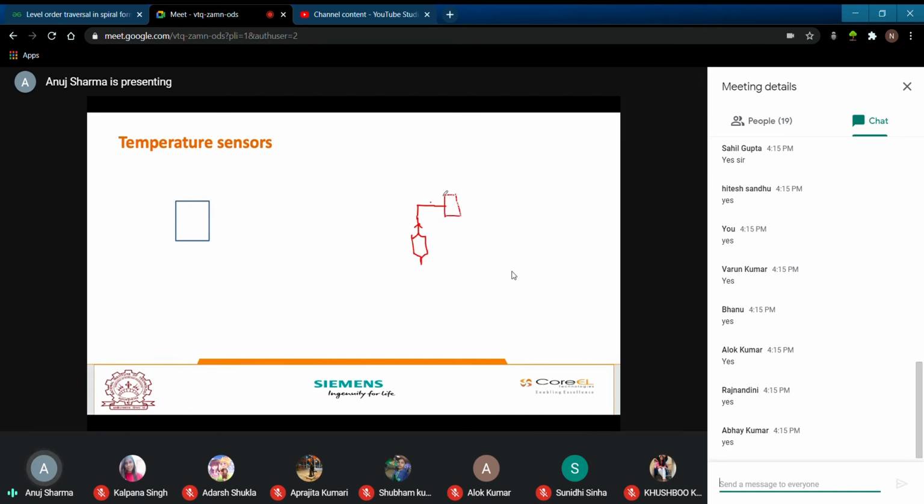This voltage was entirely processed by the transmitter, and the transmitter was working somewhat like an amplifier, which was amplifying it and giving this voltage to your current loop.